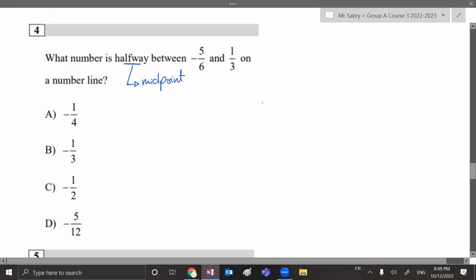And we said to get the midpoint between any two things, you just need to add these two things and then divide by 2. That's how I get the midpoint between any two things. So I just need on a calculator to do negative 5 over 6 plus 1 over 3. And then whatever comes out, I'll divide that by 2. Did any of you already do that? Yes, it's a negative 1 over 4. Awesome.